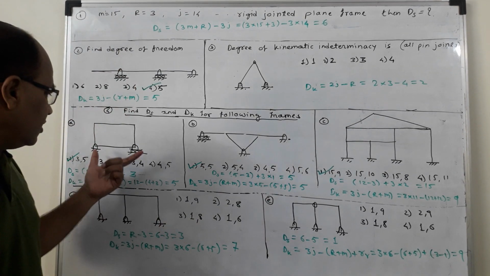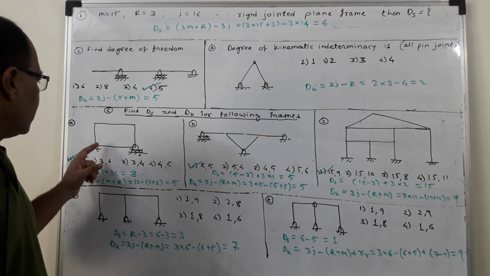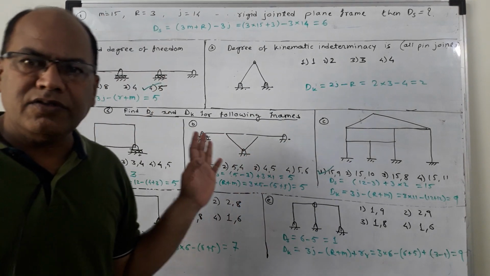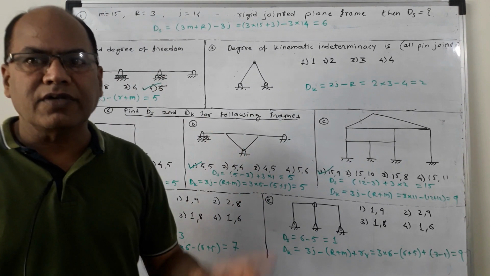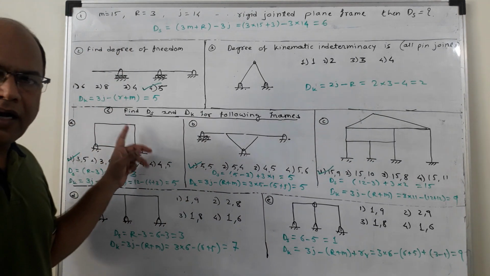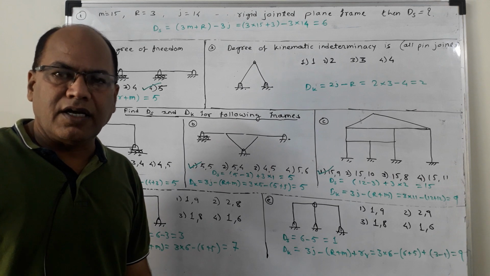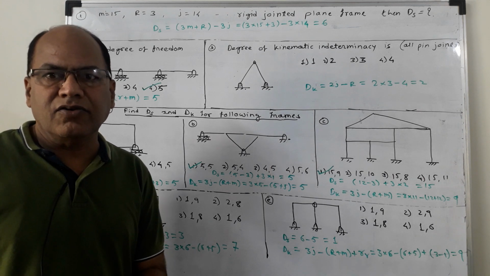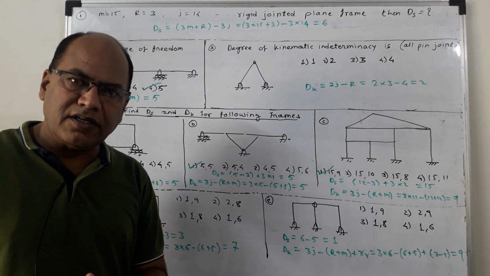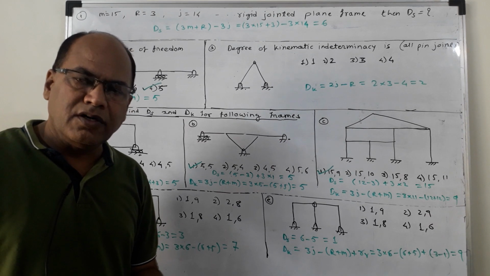In case of a rigid jointed plane frame, you will always have to check whether closed loops are present or not. Here you can see that there is one closed loop, and in such cases DSI is given as 3 times C, where C is the number of sufficient cuts, and the sufficient number of cuts is always equal to the number of loops.